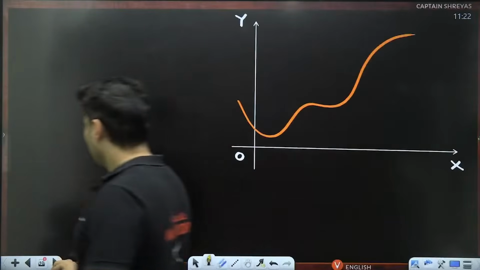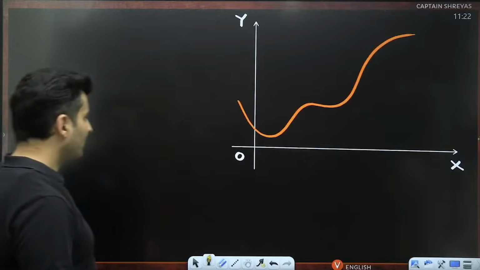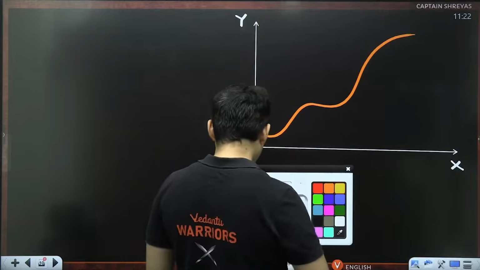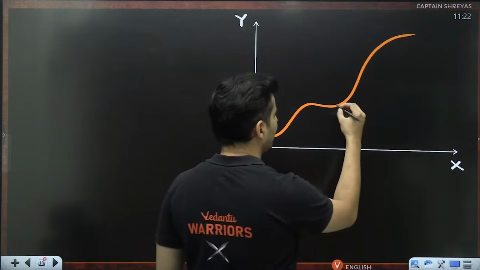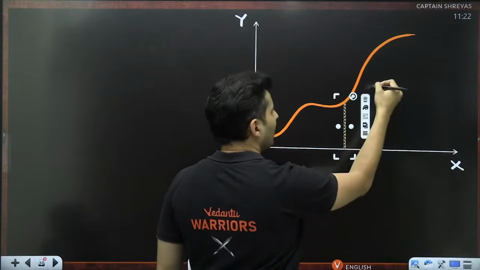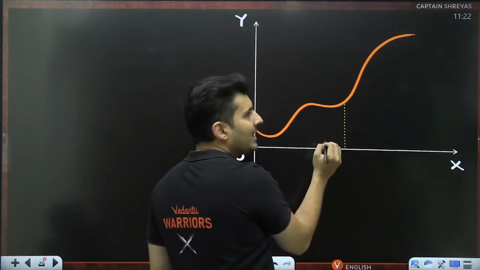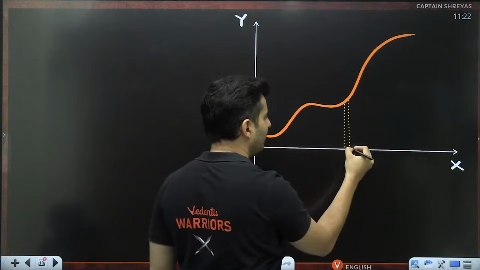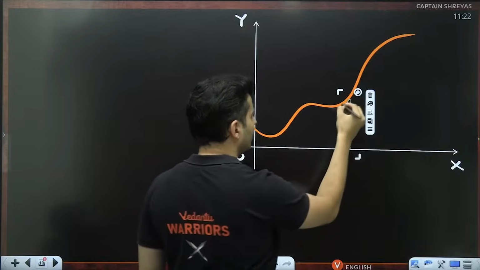Clear? Okay. So coming back to this, at the moment, I'll just take two neighboring values which are separated by a very small distance. On the board, I cannot show the dx. This is a highly exaggerated form.